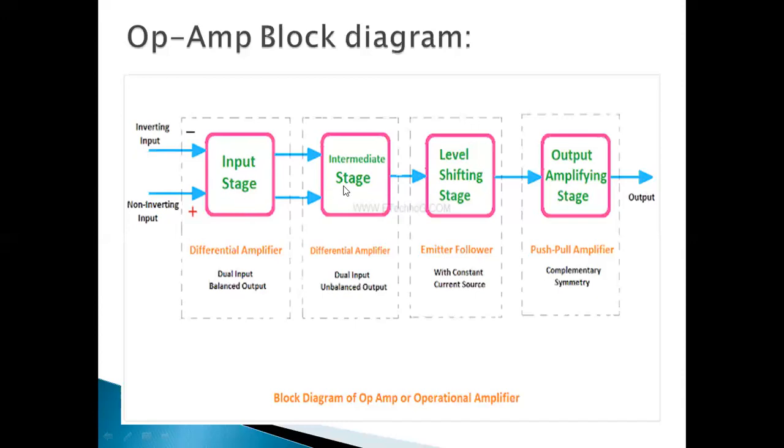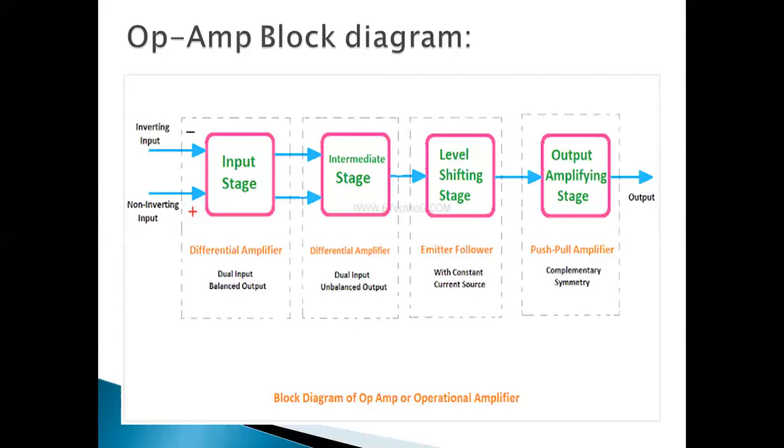For example, if we use more stages, then the DC level passes stage by stage. And at the output, because of that DC level, we can get some distortion as well as some clipping of the output signal.